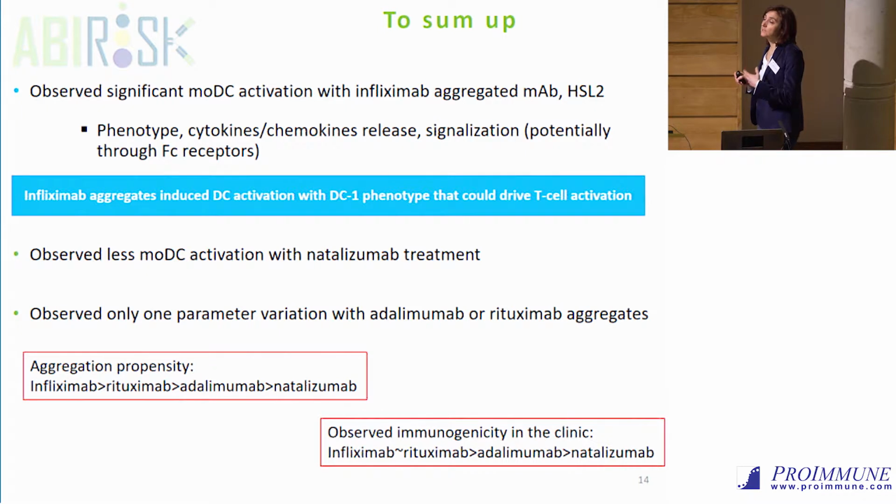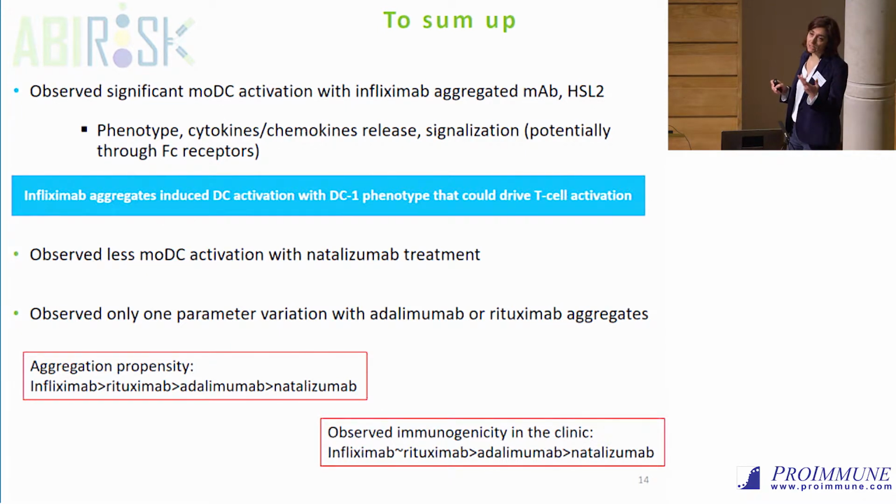For example, only one phenotype upregulation, or only one phosphorylation for one intracellular protein, for example. So we can say, in seeing the aggregation propensity, that the results we found are in line with this aggregation propensity, and also they are in line with the observed immunogenicity in the clinic, where infliximab shows more patients with ADA development than natalizumab.